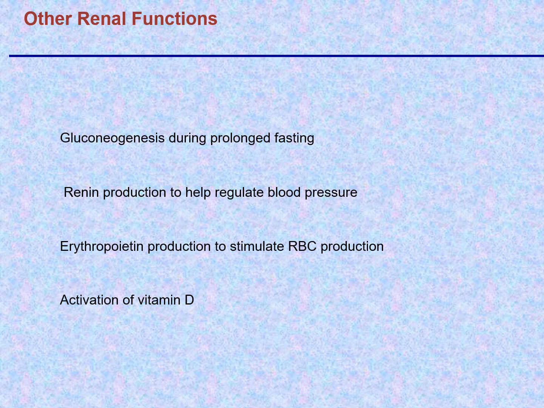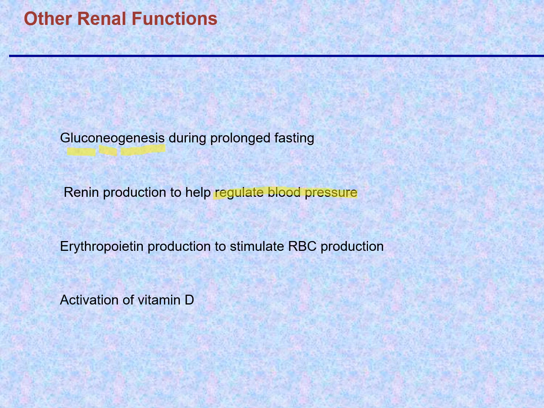The kidneys also can carry out gluconeogenesis during periods of prolonged fasting, so they can create new glucose from non-carbohydrate sources. They are also responsible for renin production, which I mentioned earlier, and that helps to regulate blood pressure.